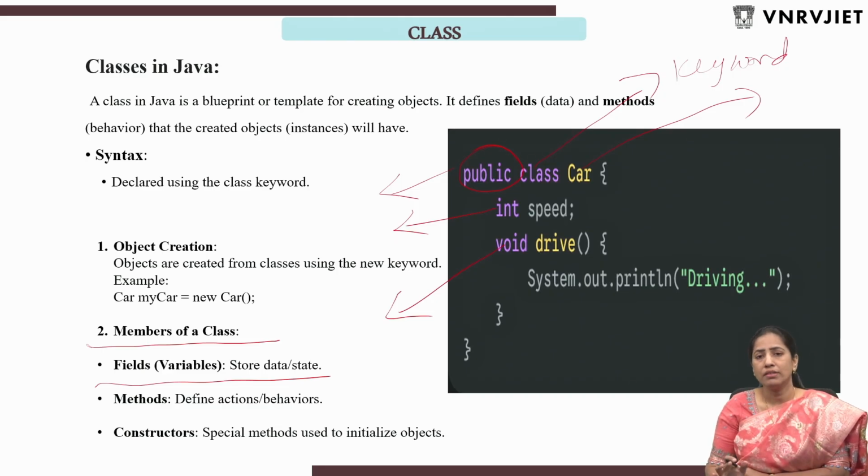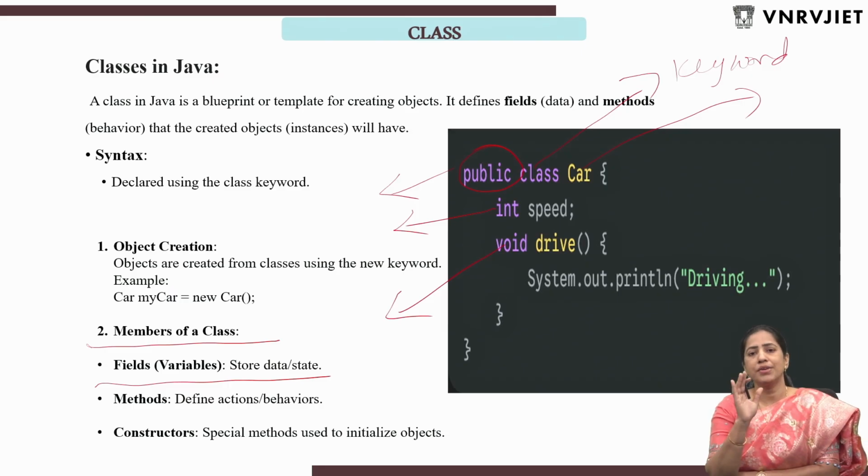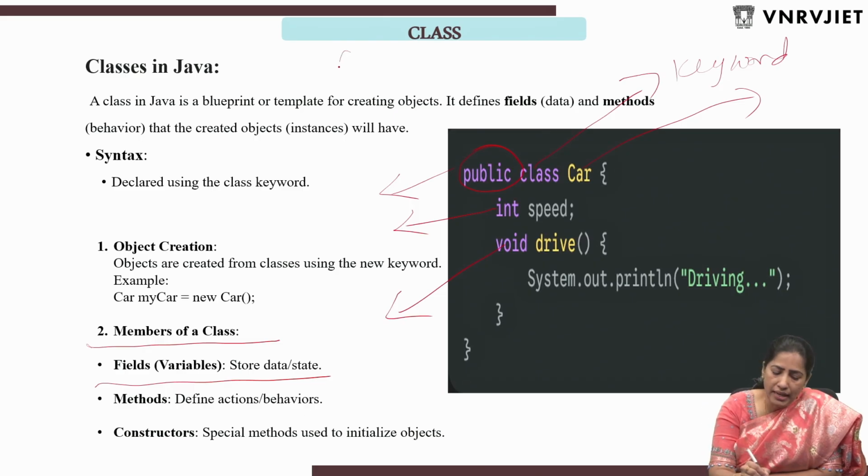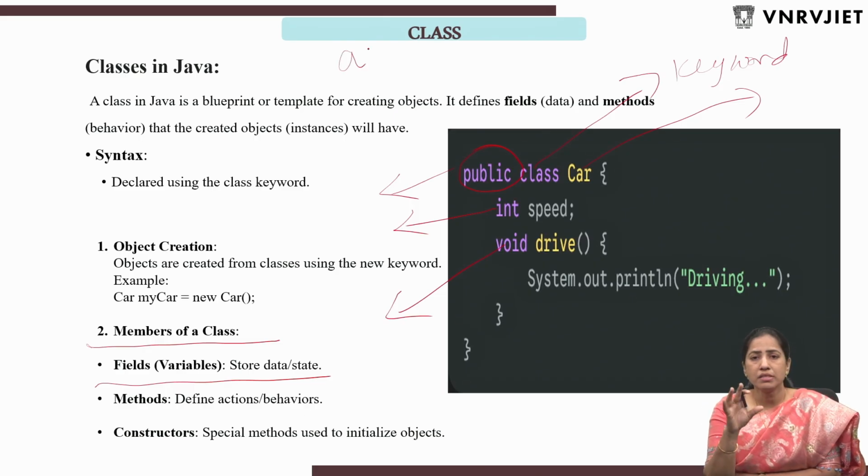What are they? The variables. What is a variable? A variable is a user-defined identifier with some kind of value. Let us say I take a variable A. A is a variable whose value is 10. That means it is an integer variable. If the value is a car, let us say, then it is a string variable.